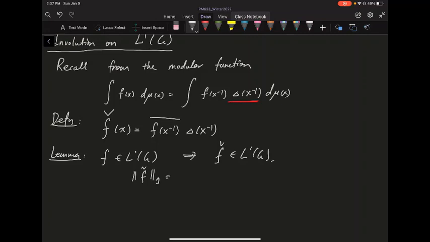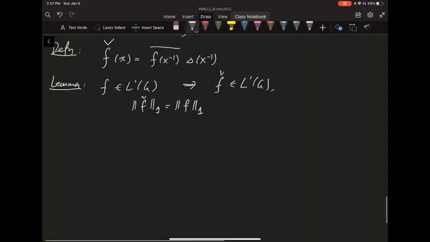That's trivial from the formula we have. So this involution together with the convolution we defined gives a Banach star algebra structure. The theorem we are proving now is that L1 of G is a Banach star algebra under the convolution and involution we defined.